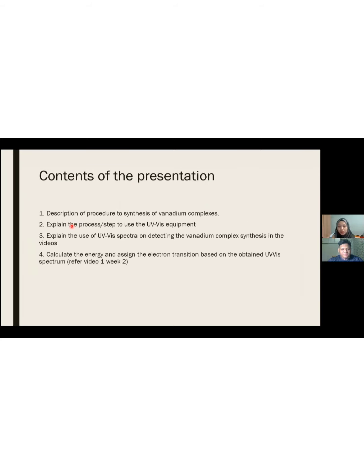Here, what we are going to present is a description of a procedure to synthesize the vanadium complex, explain the process or steps to use the UV-vis equipment, then explain the use of UV-vis spectra in detecting the vanadium complex synthesis on the video. Then calculate the energy and assign the electron transition based on the obtained UV spectrum, which we refer to in video 1.